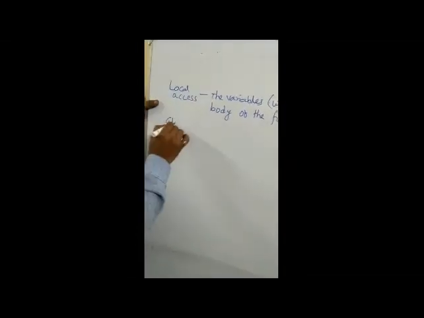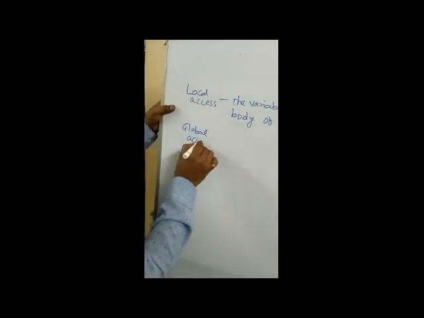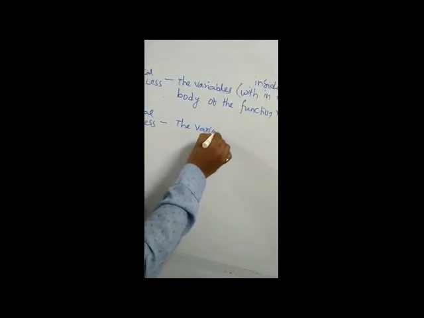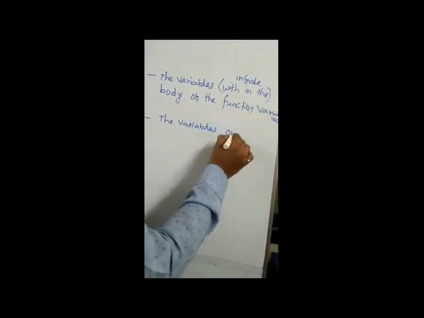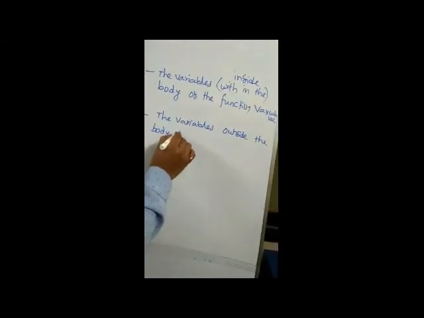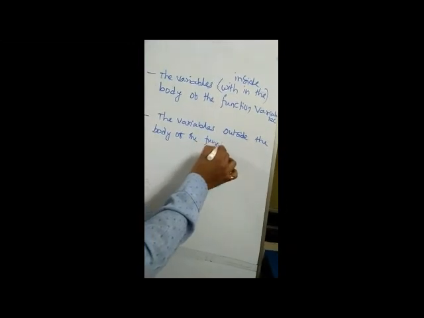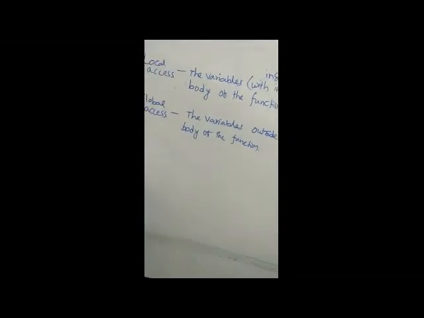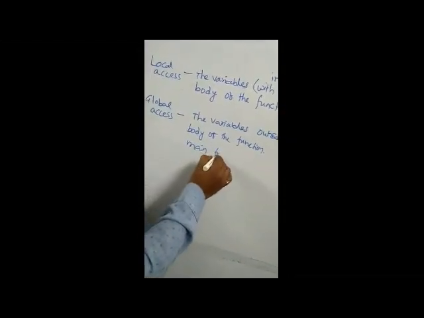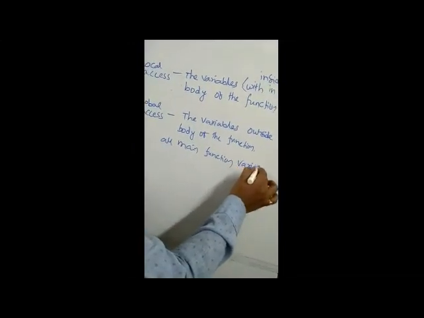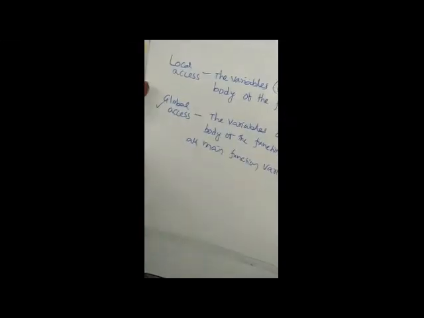Global access means the variables that are outside the body of the function. By default, global access means the main function. When you write the main function, all main function variables belong to this group. All sub-function variables belong to the local group.